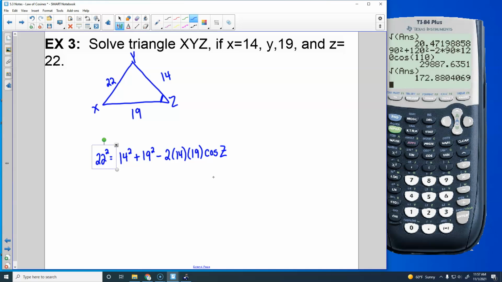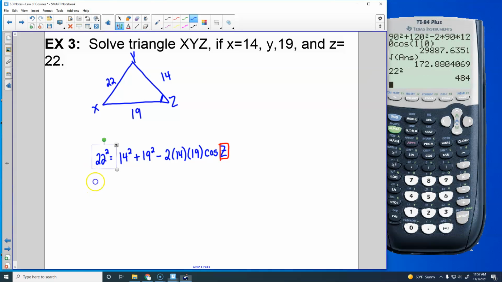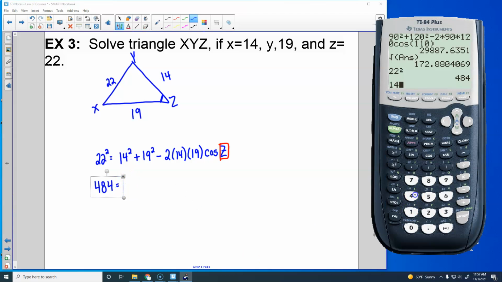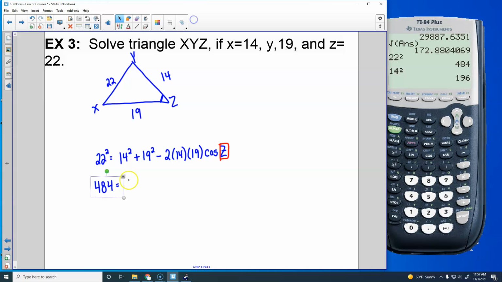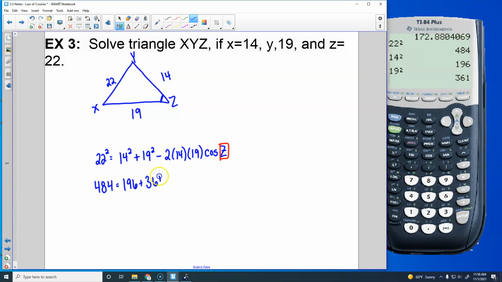Now, this one we can't just type in because our Z is way over here. So we've got to actually kind of solve this. So 22 squared is going to give us 484. 14 squared is what? 196. And 19 squared is 361.